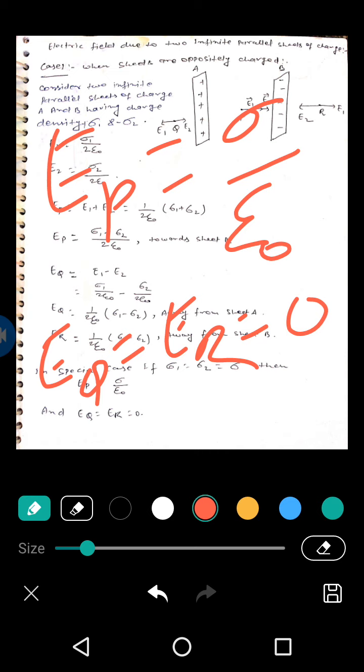This is the electric field due to the given charged parallel sheets having equal and opposite charges, but the magnitude of charge density is the same.